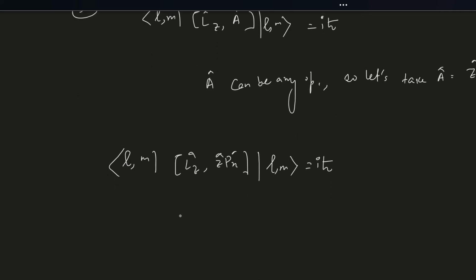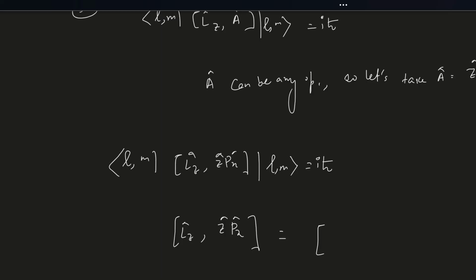Now what is Lz? L is r cross p, the angular momentum, where p is the linear momentum and r is the position.